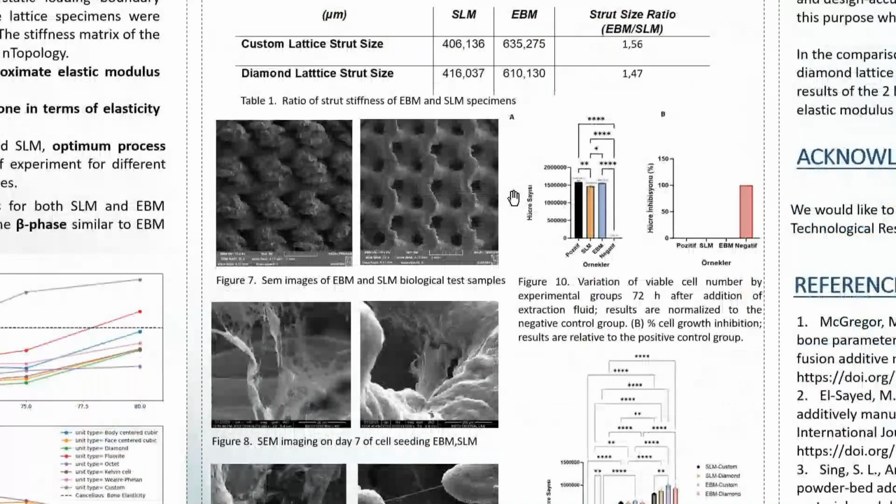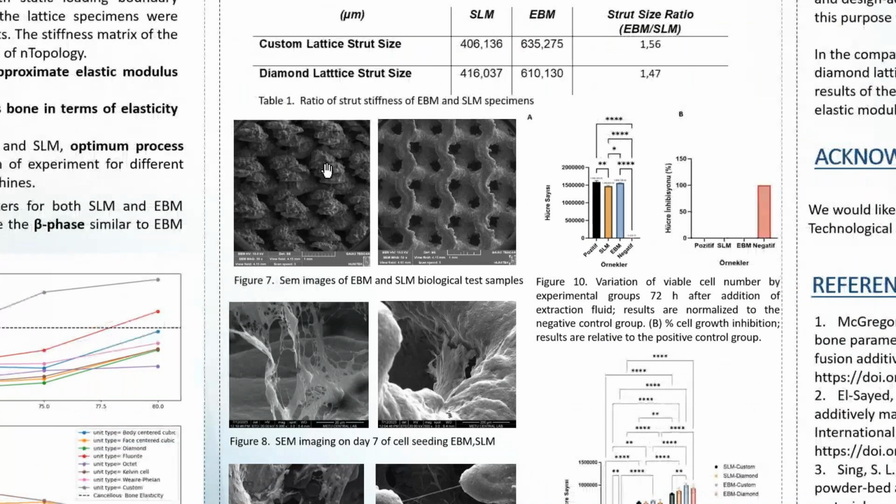Also, you can see the unsintered and semi-sintered powder particles of EBM. These two are actually the same structure, the same STL file that we uploaded to the machines, but the production precision of the SLM is more accurate.